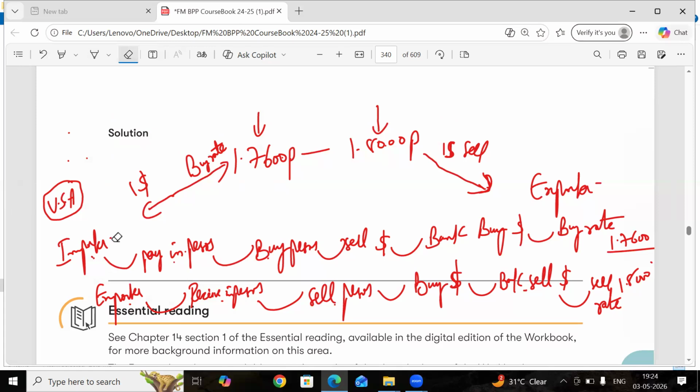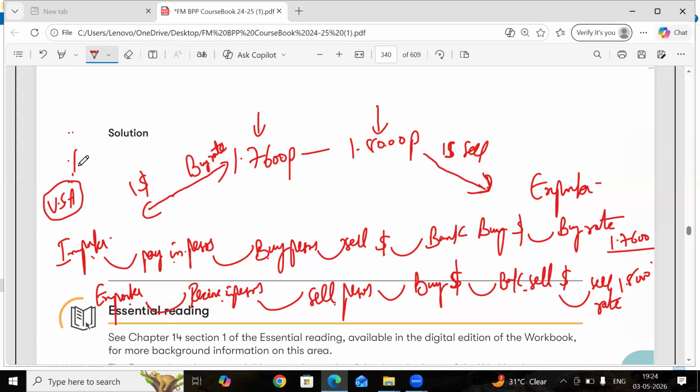This is from the importer's perspective. The importer is the one who is receiving goods from other countries and has to pay in pesos.